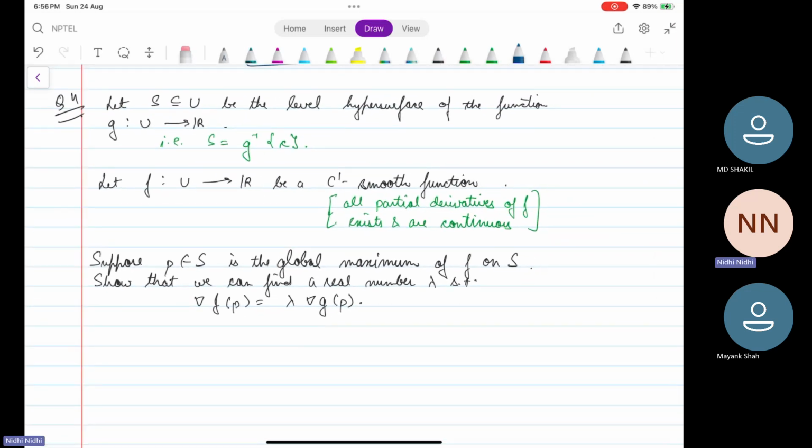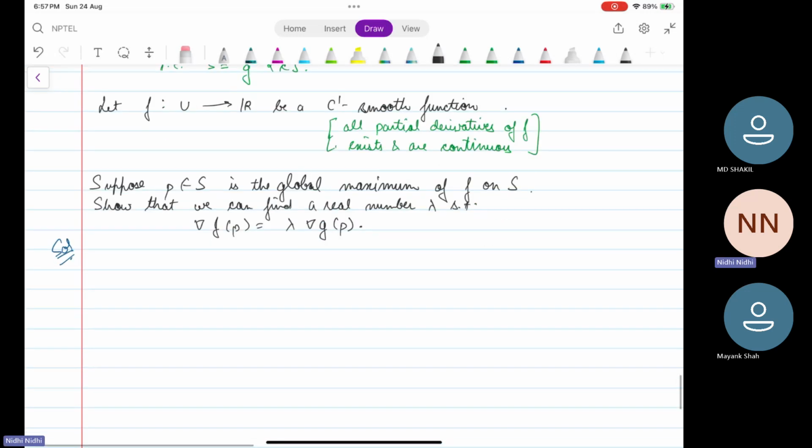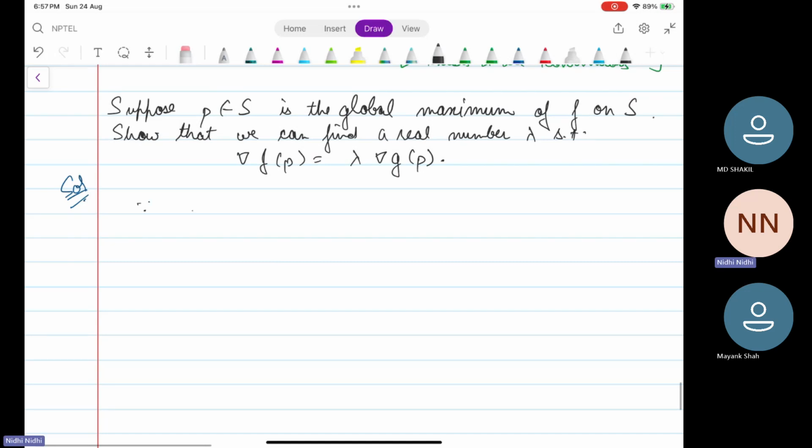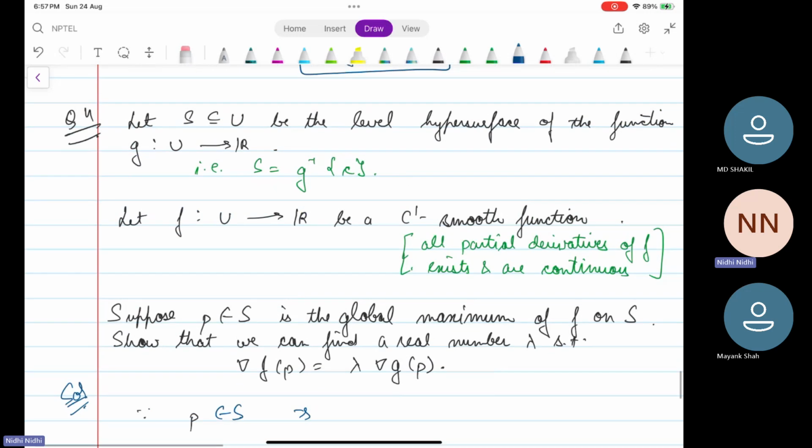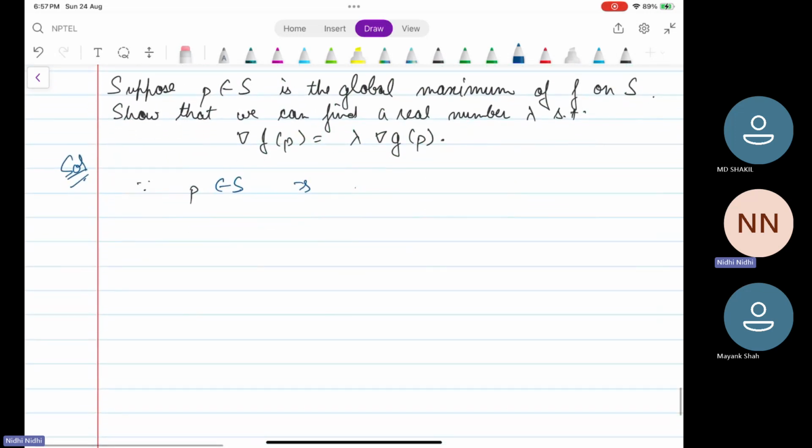So we are given that S is a level hypersurface corresponding to the function g. And there exists a point P in S which is the global maximum of f restricted to S. Since P belongs to S, that means S is g inverse of c, so g of P is c.